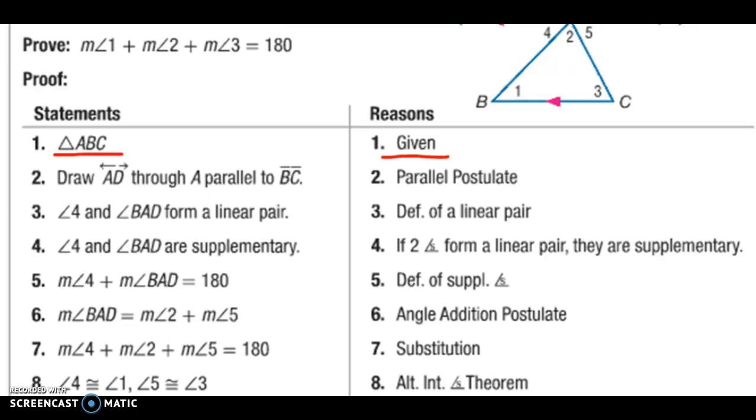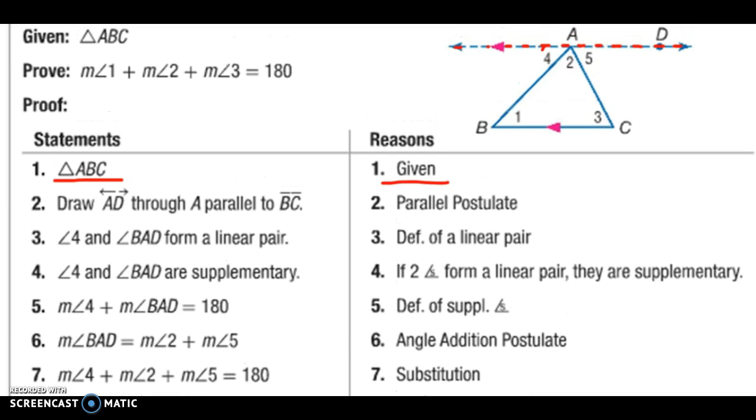Now, angle 4 and angle BAD, which is right here, are supplementary. Remember, supplementary angles add up to 180 degrees. That means that the measure of angle 4 plus the measure of angle BAD is going to equal 180 degrees.